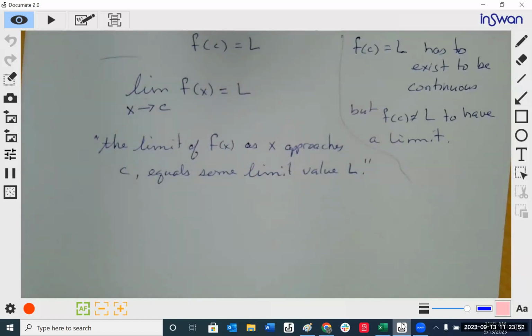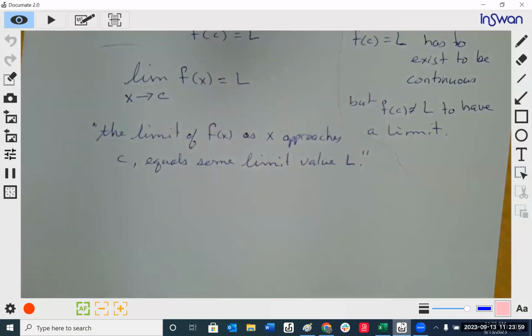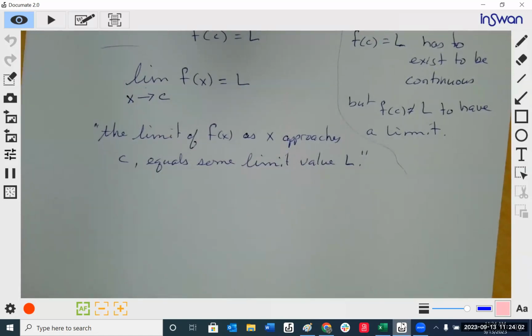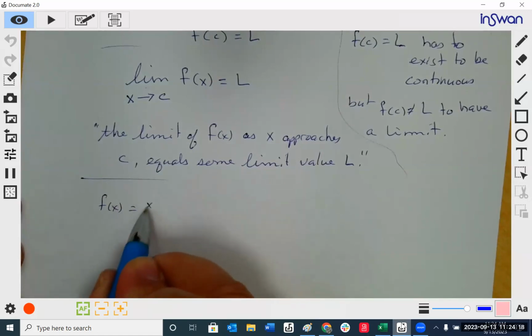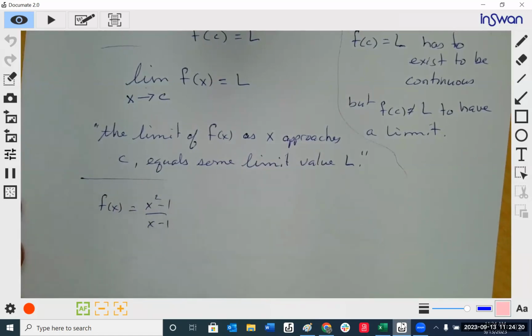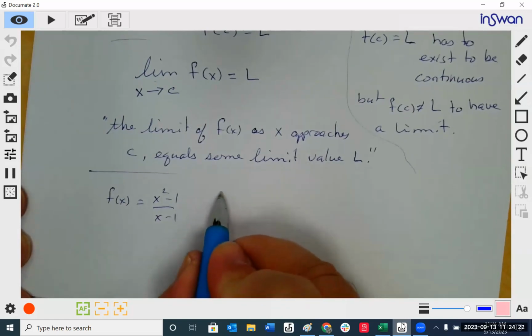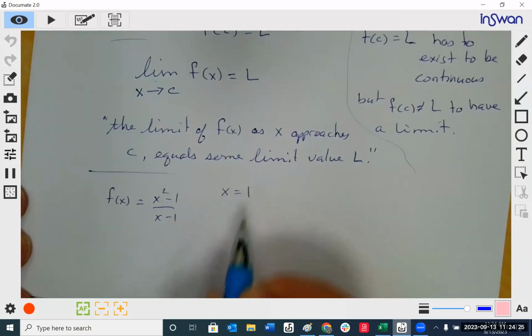So look at our first example. How would we write the limit on that one? Remember example one? We had f of x equals x squared minus 1 over x minus 1. We're looking at the value when x equals 1.